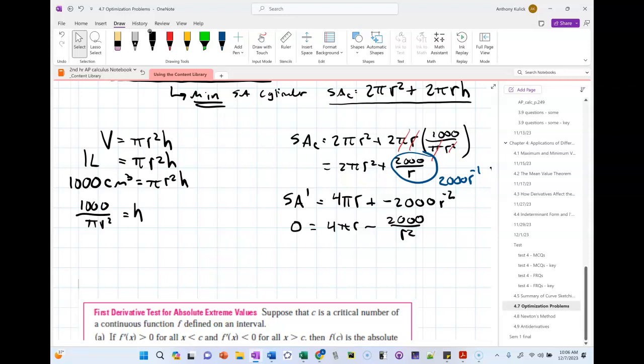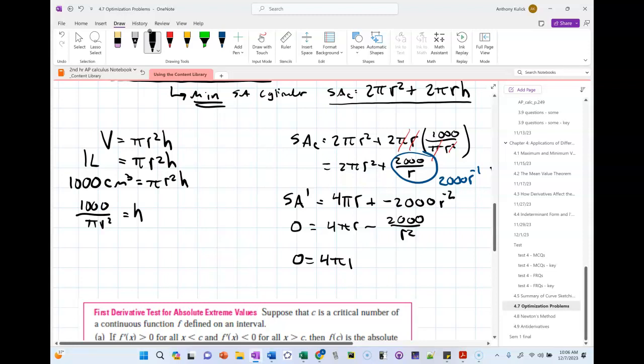Cube root of. So let's multiply both sides by r squared to get rid of the fraction. That's where we're heading when I heard an r cubed or a cube root. That makes life massively simpler, right? So we add the 2,000 over, divide by the 4 pi, and then cube root, right?